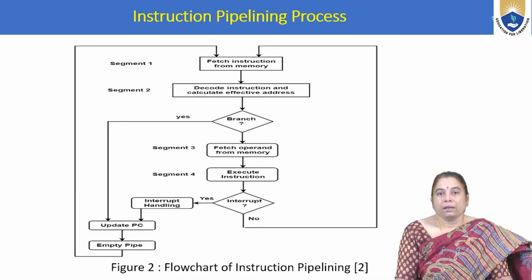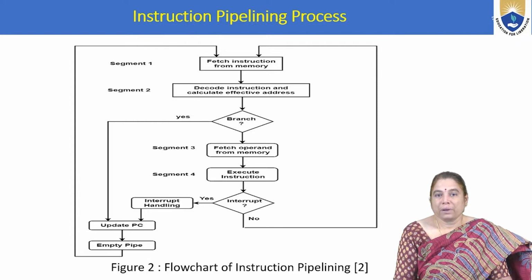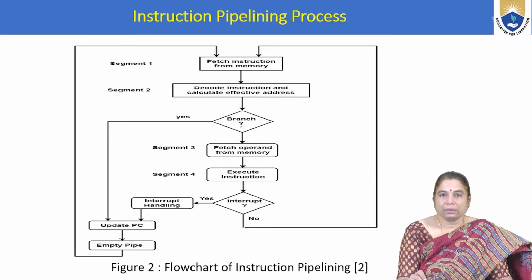After decoding, check whether it is a branching instruction. Why? Because the branching instruction can alter the execution sequence of the program conditionally or unconditionally. If branching occurs, the CPU can stop the current program execution and move to the branch location and execute those programs.